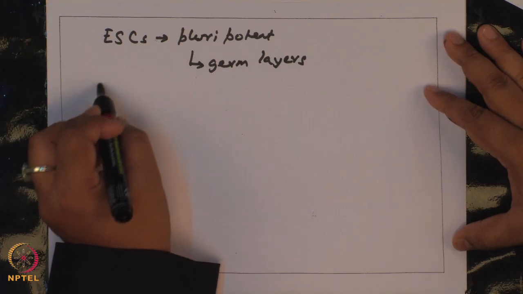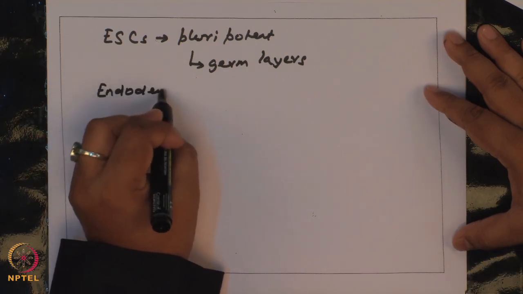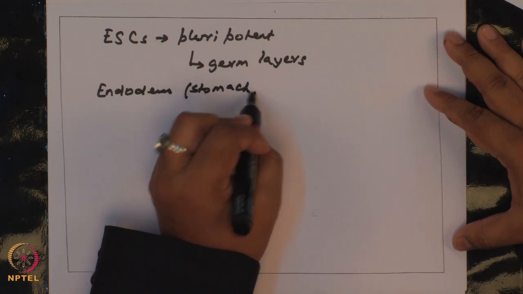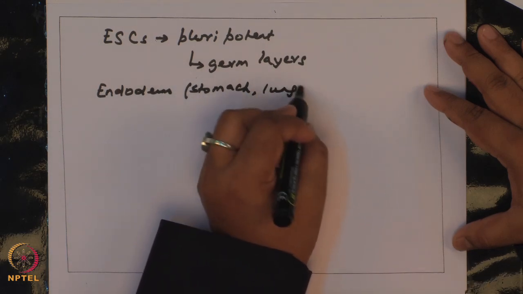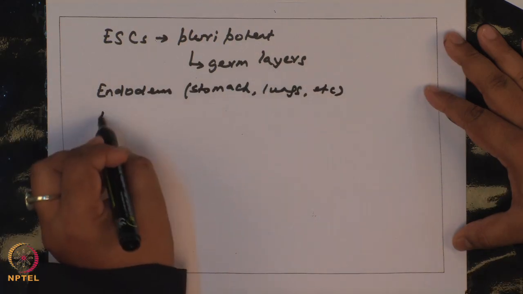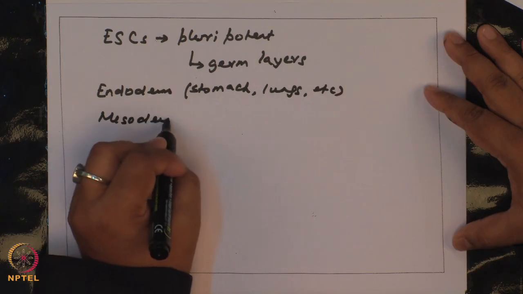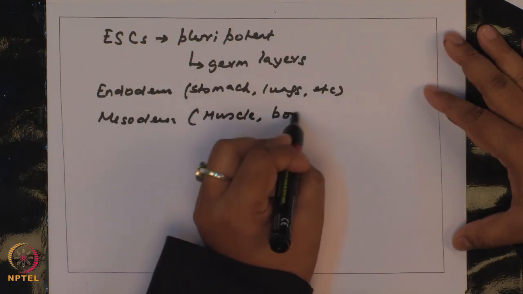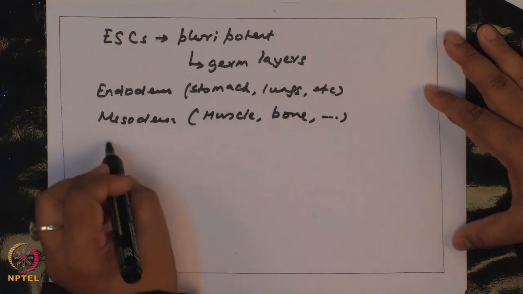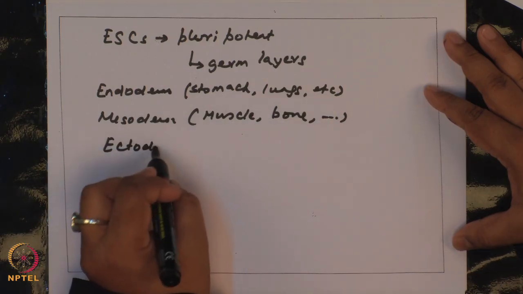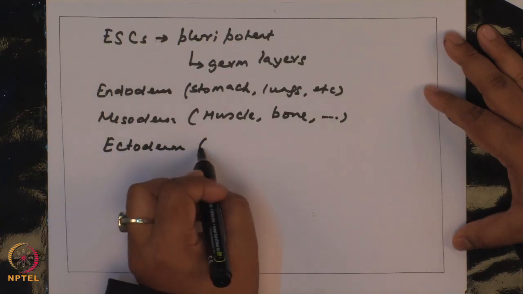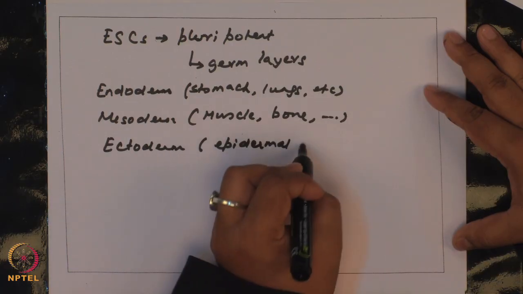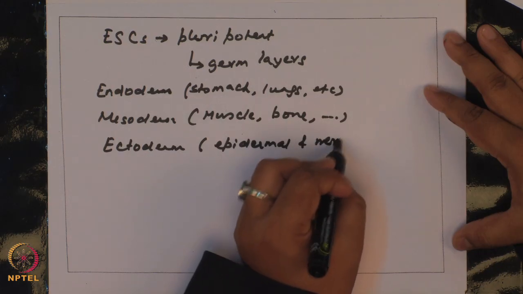These are endoderm, that means stomach, lungs, etc.; mesoderm, which is muscle, bone, etc.; or ectoderm, which includes epidermal and nerve tissues.